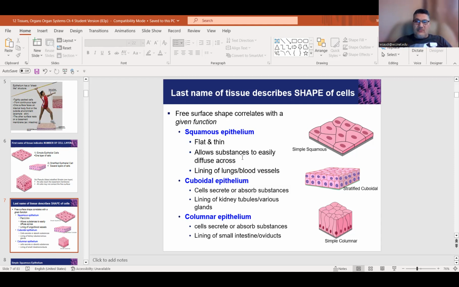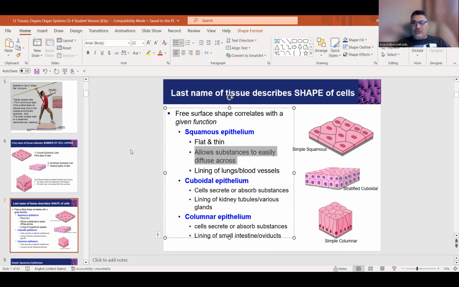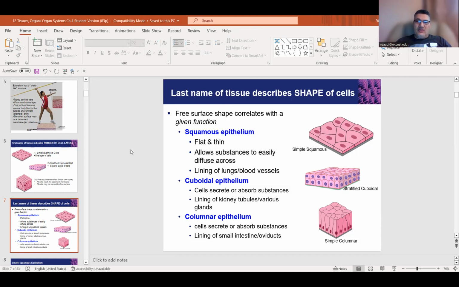For the squamous, because it's so thin and flat like this, it will allow substances to pass through it, to diffuse through it. And that's why we use it as lining for the lung and blood vessels. Why? In the lung, you want oxygen to pass through it. You want carbon dioxide to pass through it. So you're going to use squamous cells.